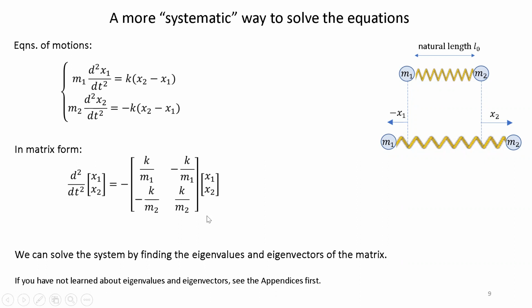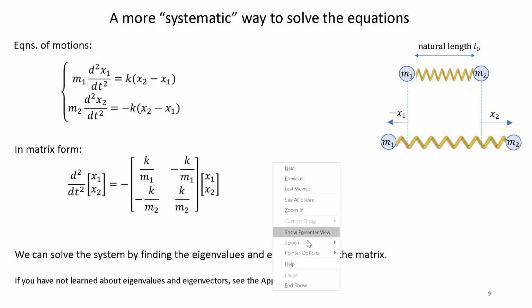It is because if this matrix is a diagonal matrix, okay, this is not, but if this matrix is a diagonal matrix, then we immediately know how to solve this system of equations.